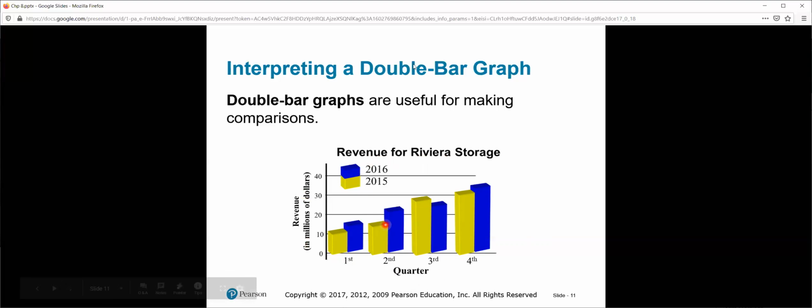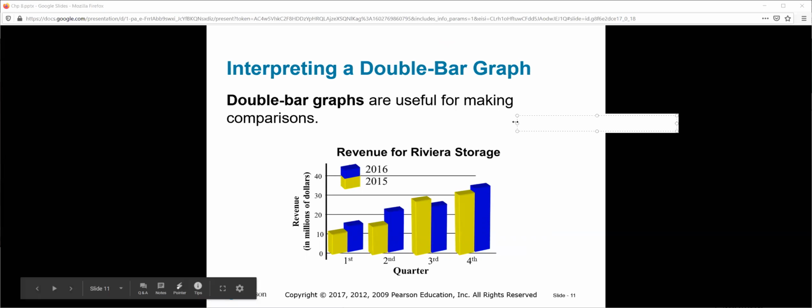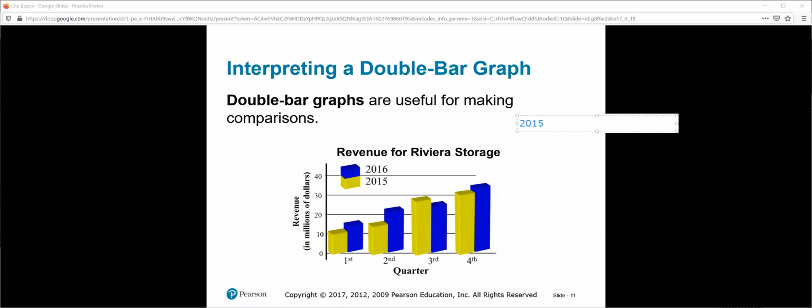What's really useful about this, again, is if this was typed up in a sheet, it would probably look something like 2015, then first quarter, is that 11, second quarter, this is a horrible chart, 15, third quarter, I don't know, 28, fourth quarter, 31.